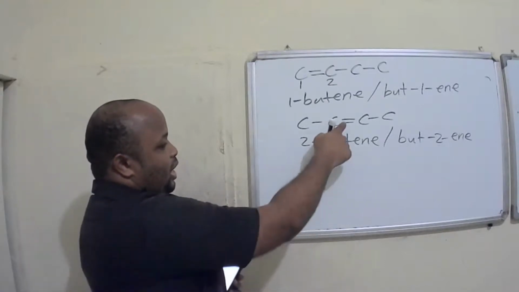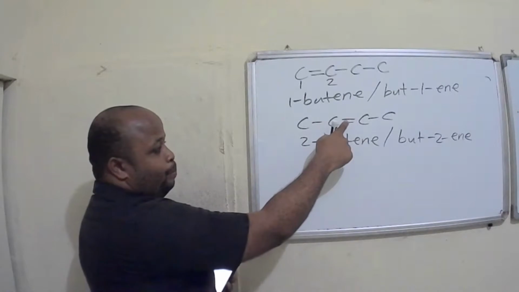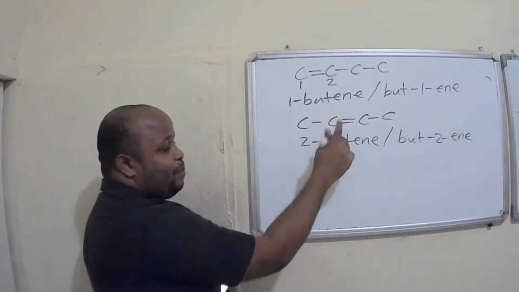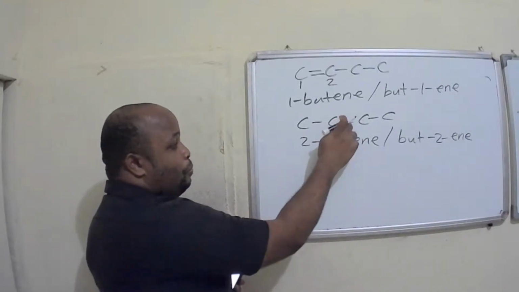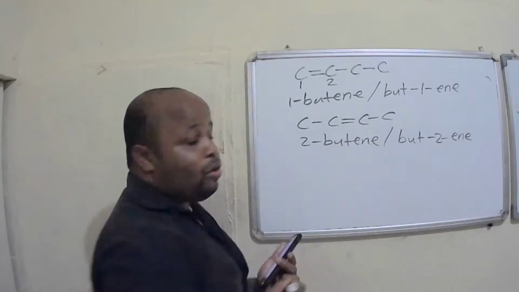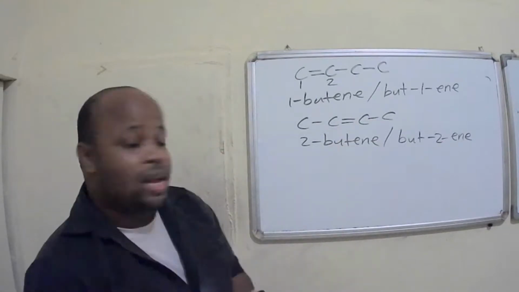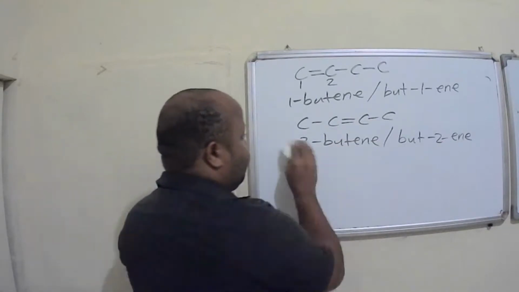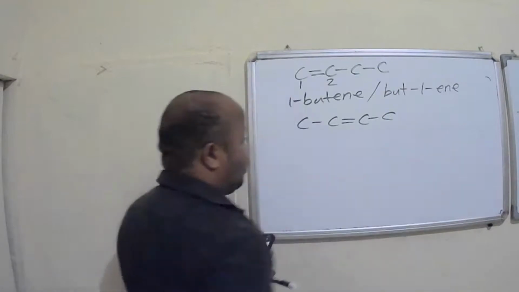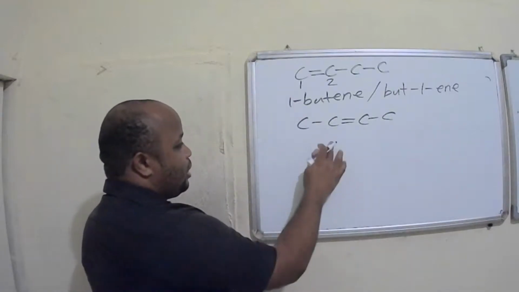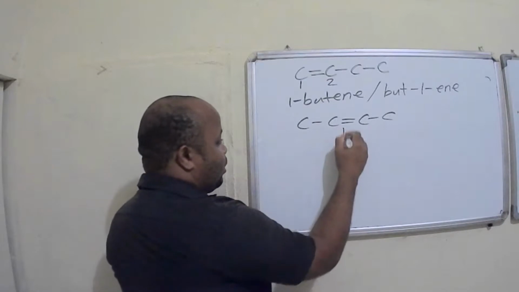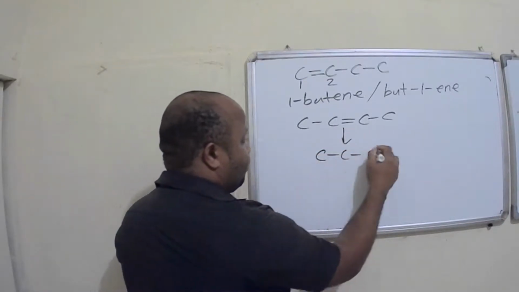Now, if you hydrate 2-butene, what you are going to get is 2-butanol. So if you hydrate this, all you will end up with is this.